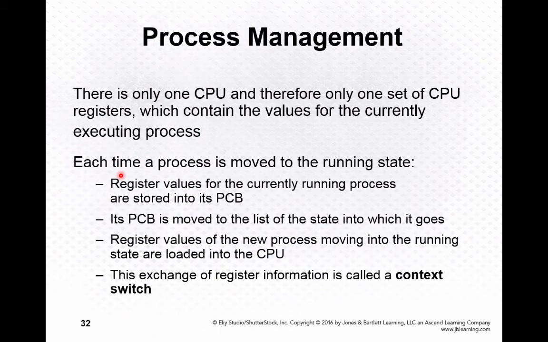So each time a process is moved to the running state, the registers for whatever was previously in the running state have to get stored into its process control block, and then its process control block needs to either get put into that waiting list or ready list, depending on what caused it to stop running. And then the register values of this new process, which is transitioning into the running state, get copied into the CPU. And that's called a context switch.